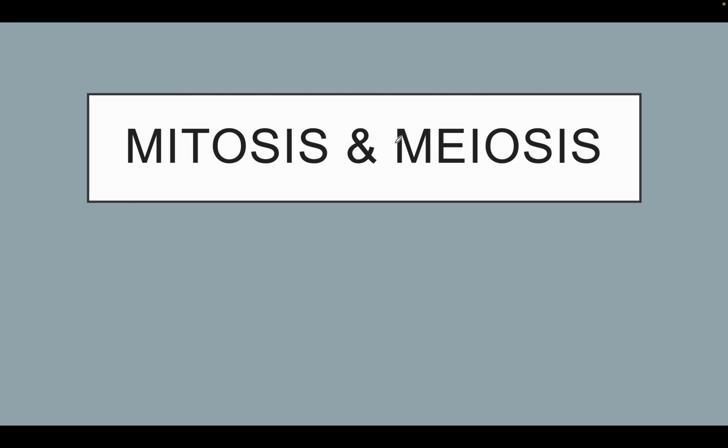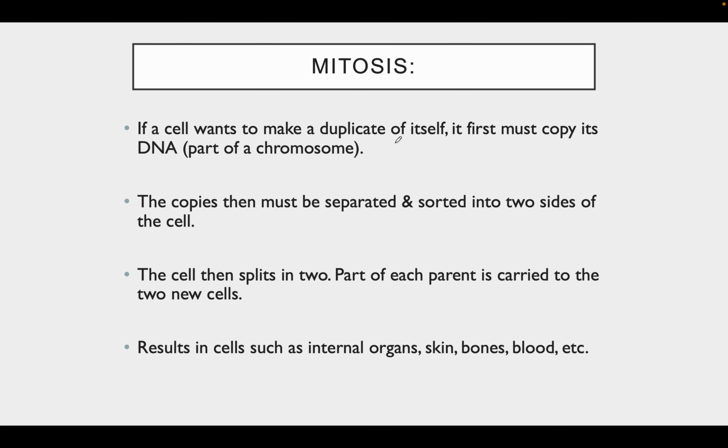Now talking about the basics of mitosis and meiosis before ending the questions here. Mitosis is when the cell wants to duplicate itself. If any cell wants to make a duplicate of itself, first it must copy its DNA as part of a chromosome.